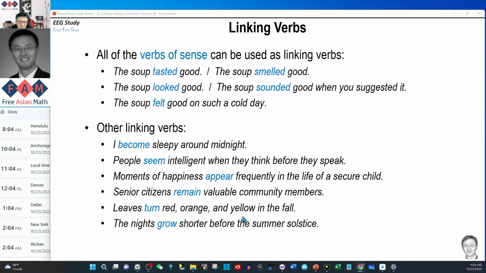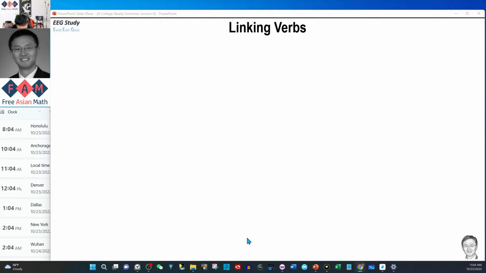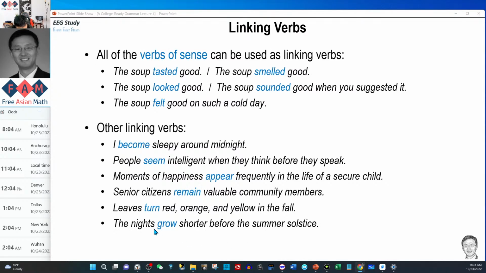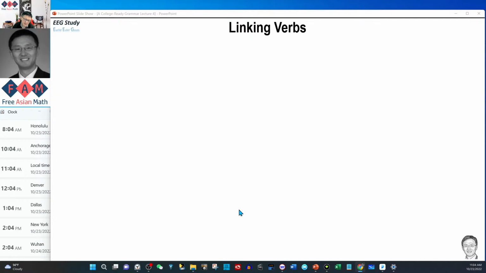All linking verbs, of course, are not action verbs, but you need to look at the words carefully to tell that's true. Okay, the nights grow shorter before the summer solstice. So all those are examples of linking verbs, but still you may feel a little bit confused.